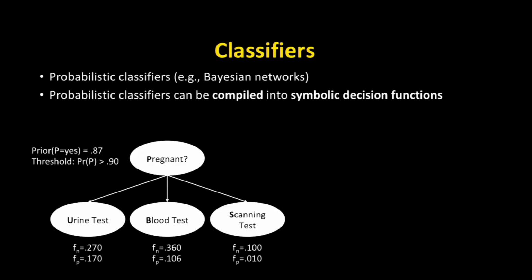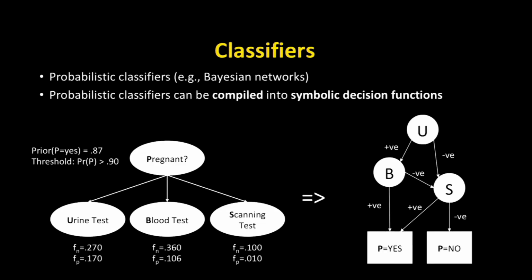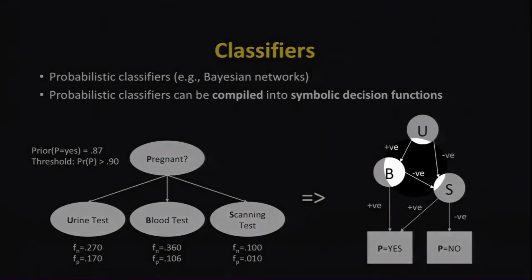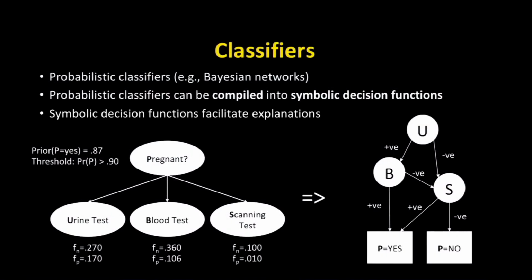Okay, so here's the deal. The idea is I want to try to do the explanations on the symbolic form. We've seen in the previous part that you may have a classifier that's probabilistic, or even more specifically, let's say a naive Bayes classifier, but that classifier is a symbolic decision function in a sense, and I want to have that symbolic decision function in tractable form, and if I do, I want to do the explanation on it, and that's what we're going to do.